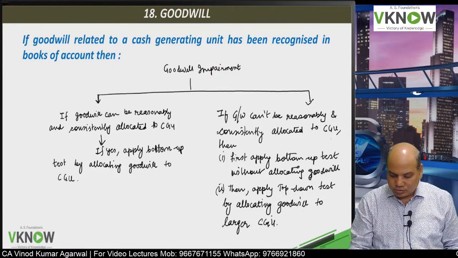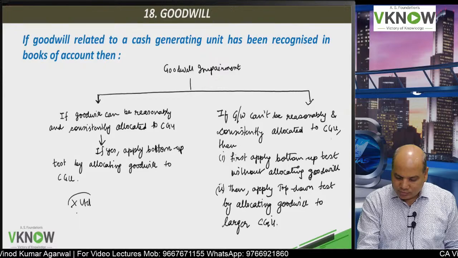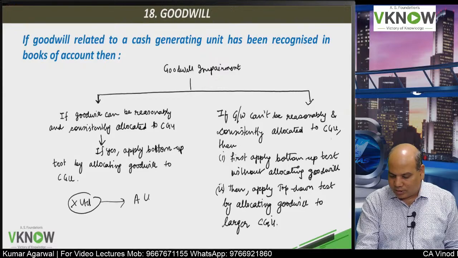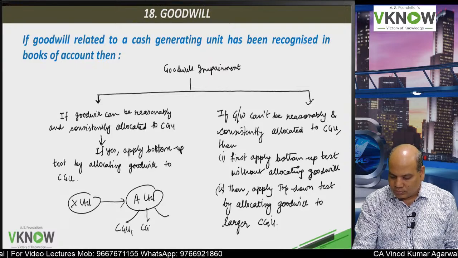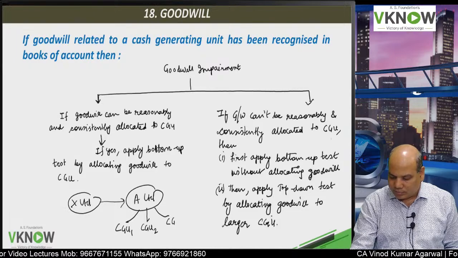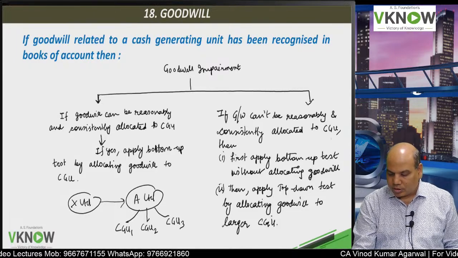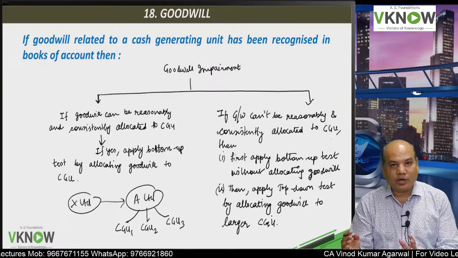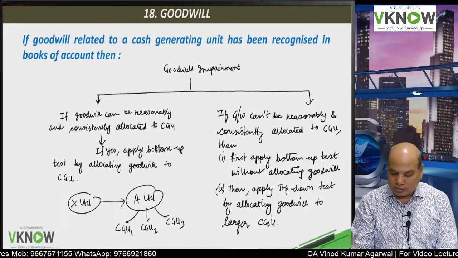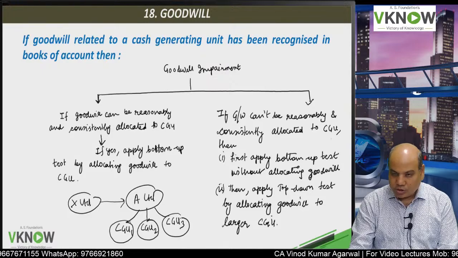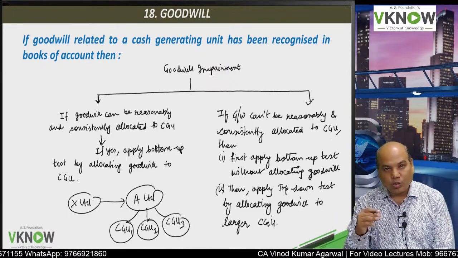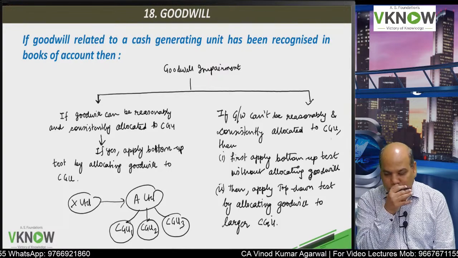Okay. So suppose X Limited acquired A Limited and it acquired 3 cash generating units from A Limited, and it paid for goodwill. Suppose goodwill can be allocated to them in some reasonable way, allocate the goodwill, then apply impairment testing.